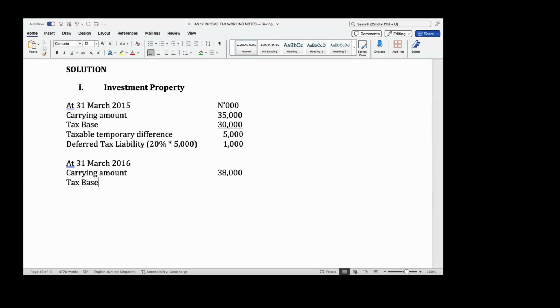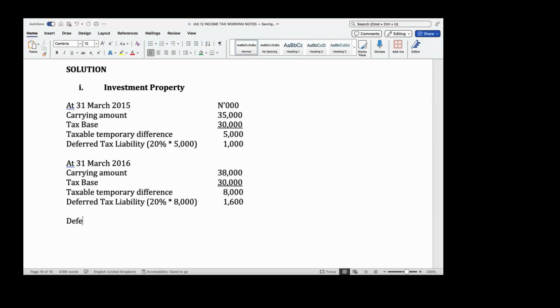The tax base would remain the same since the tax authority does not allow fair value gain. It's still going to remain the cost of 30 million. So again, we have a taxable temporary difference of 8 million. Applying 20% times 8 million gives me a deferred tax liability of 1,600.